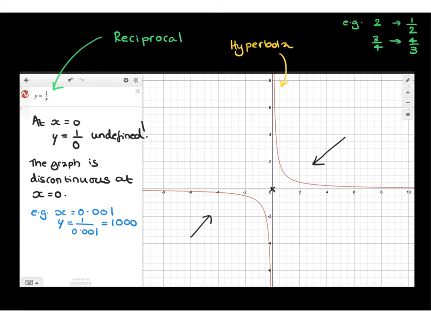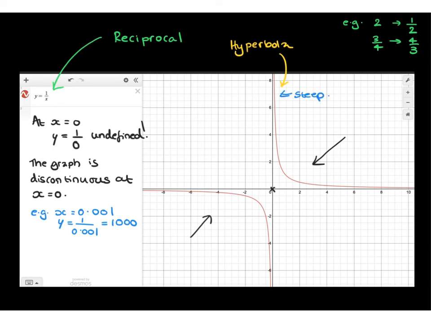So when x is a value very close to 0, you can't even see it on this curve, the y-coordinate would be a very, very, very large number, in this case 1,000. And it's impossible to actually draw this on this particular set of axes. You could use Desmos and then zoom out very, very carefully to see it. But even then, that would be quite difficult to see. So that's why the graph looks so steep over here.